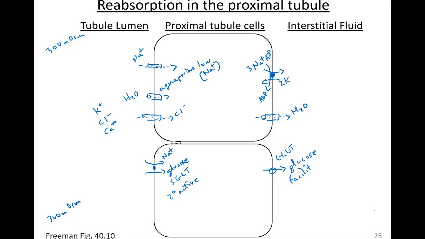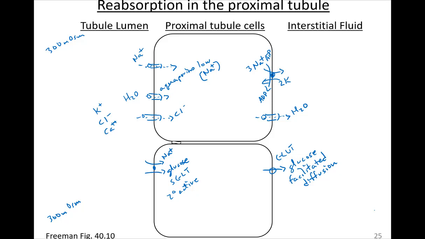Glucose is moving down a concentration gradient. It just needs some help to get across that lipid bilayer because glucose is a polar molecule. So it needs a carrier protein to help move it across the membrane. So that's facilitated diffusion. And this is the pathway by which glucose is transported out of the tubule lumen. And it's very similar to the mechanism for transport of amino acids. Those are moved into cells by cotransport with sodium or protons.